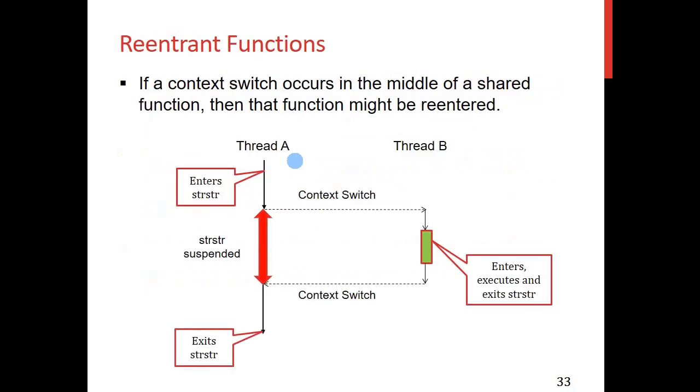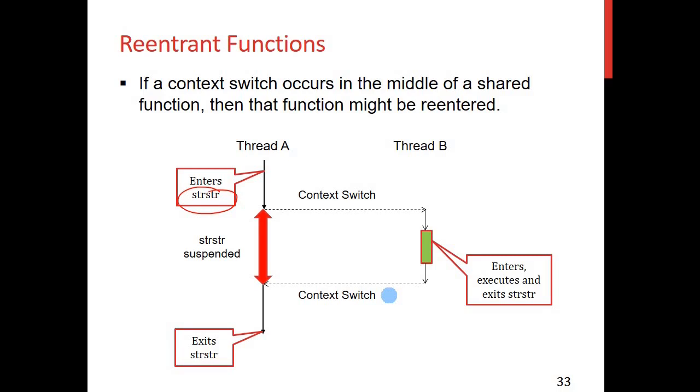Of course, we need to look at other strategies, and those are beyond the scope of this module. Okay, another important thing is re-entrant functions. As we know, in a real-time operating system, context switching can happen anytime. It could also happen while you are in the middle of a function call, which could be a shared function. For example here, I enter a function store string, and store string is maybe a common library function that many tasks may want to call.